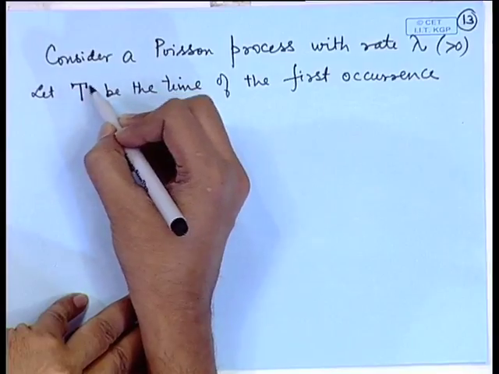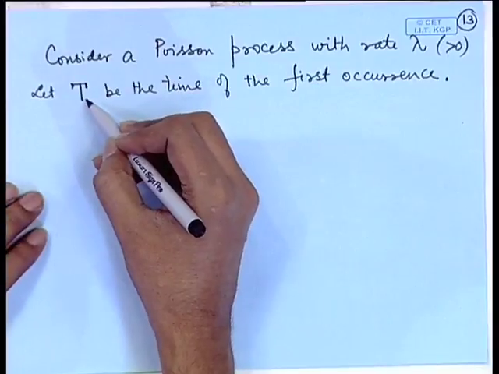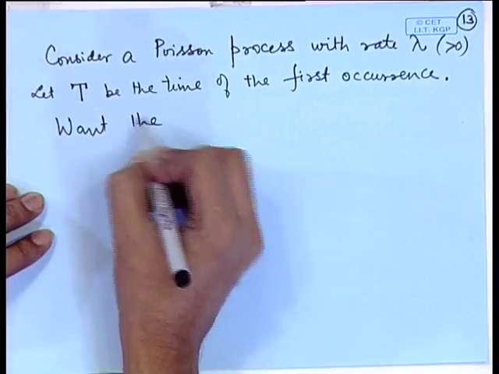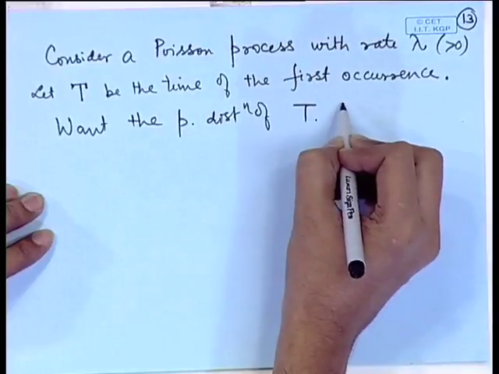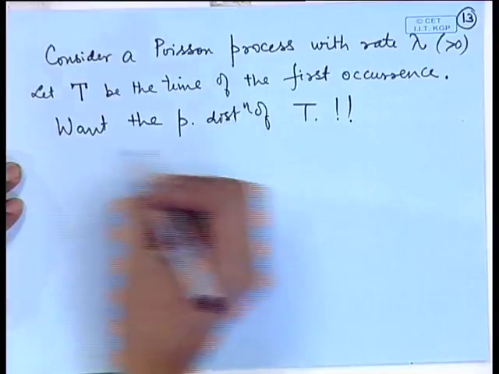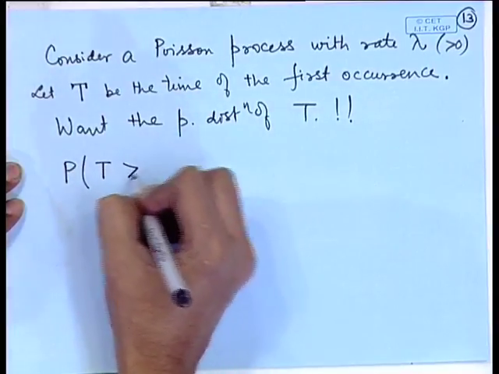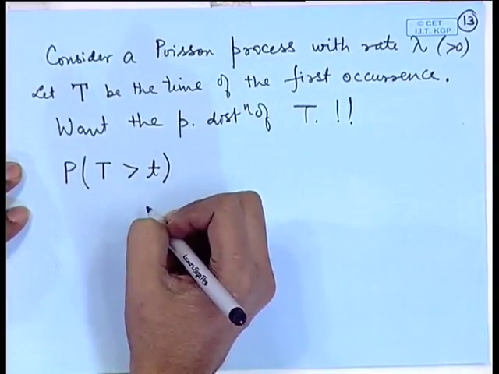So, if we consider T as the time of the first occurrence from the time when we start observing, then T is a continuous random variable, because it is time. We want the probability distribution of T. What is the distribution of T? We can look at an event, say probability T greater than small t. What does it mean?